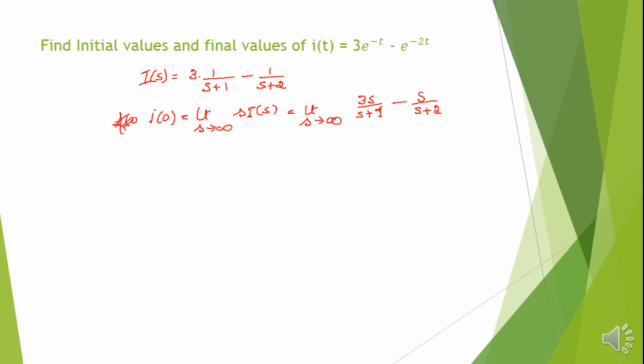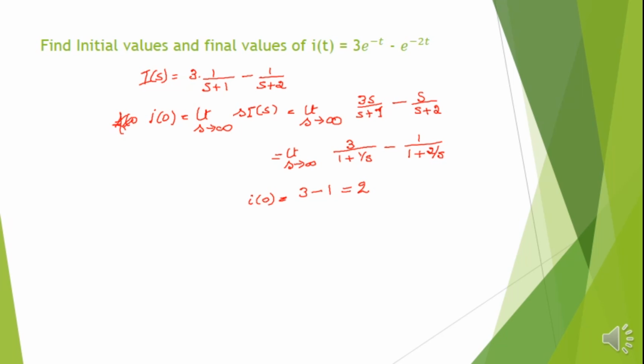So before applying s equal to infinity, I will modify it as 3 divided by 1 plus 1 by s minus 1 divided by 1 plus 2 by s, dividing the numerator as well as the denominator by s. Now if I substitute s equal to infinity, it becomes 3 minus 1 equal to 2. So i of 0 equals 2.